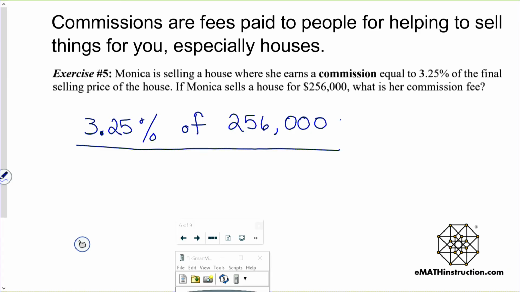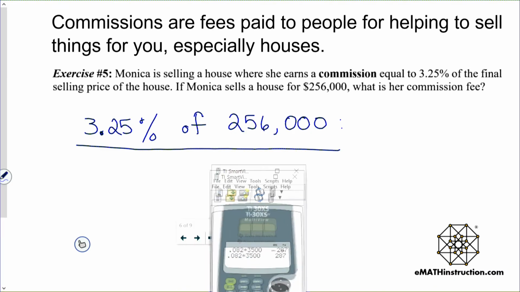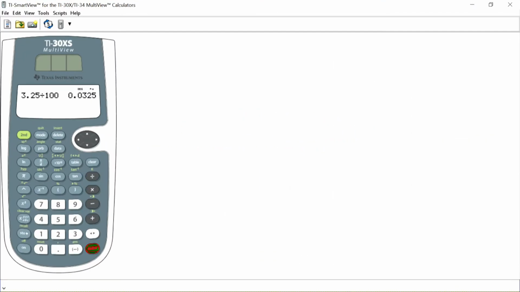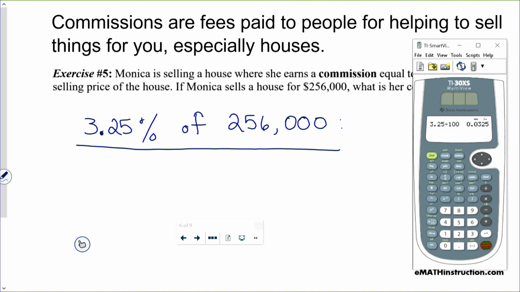Now, that percent might be the weirdest looking percent that we've worked with so far, but again, keep in mind, you can either move the decimal place 2 units to the left, or you can just take that 3.25, divide by 100 on your calculator to make sure you're multiplying by the right thing, 0.0325. So, let's not have the calculator take up all the screen, right?